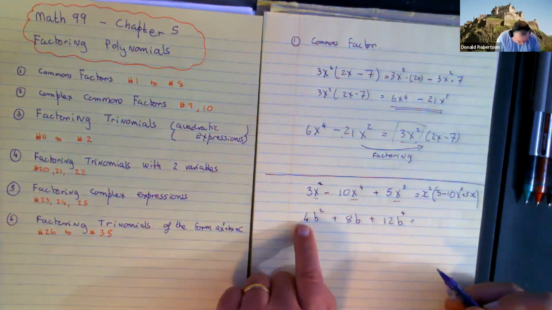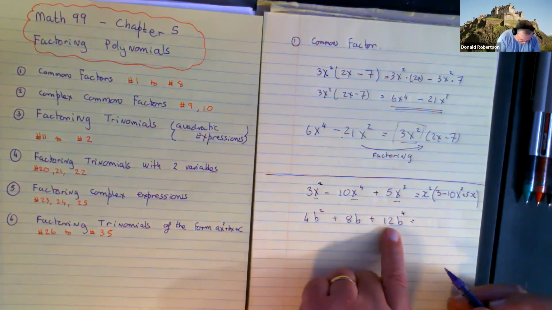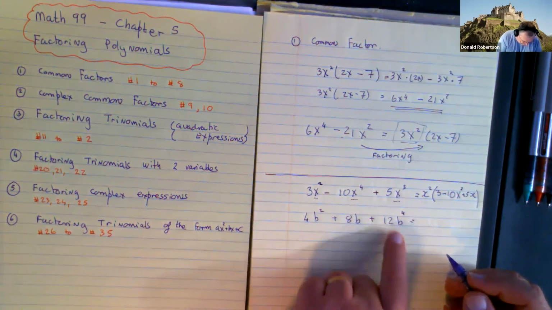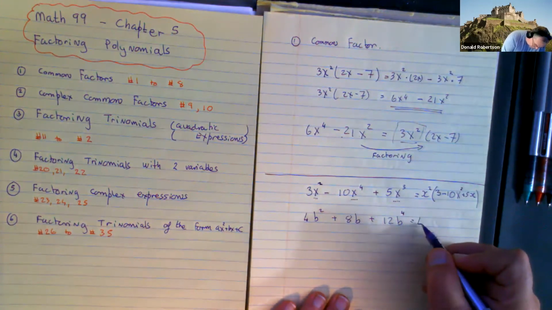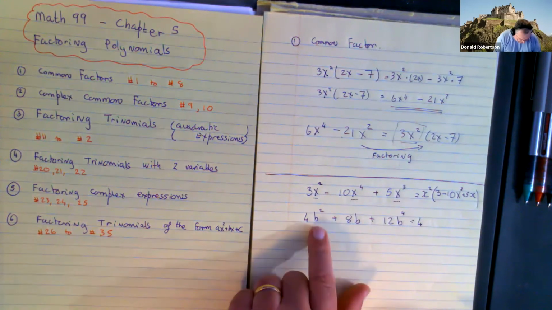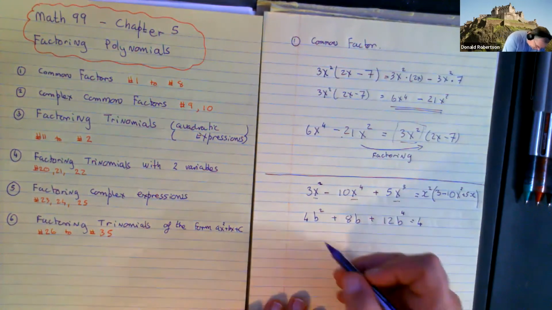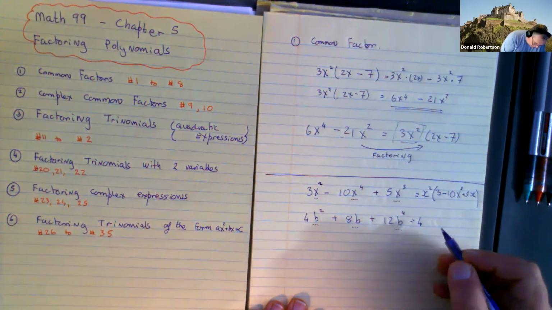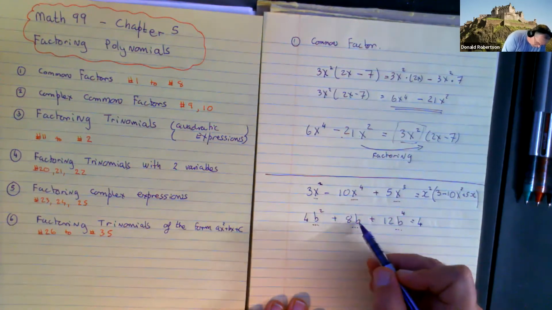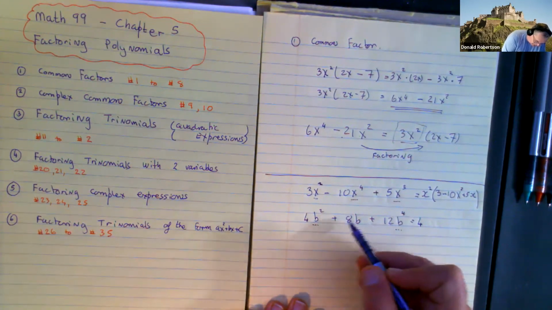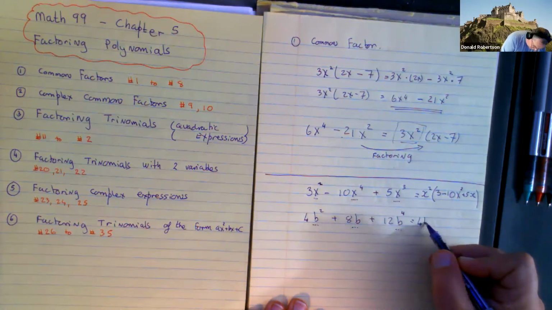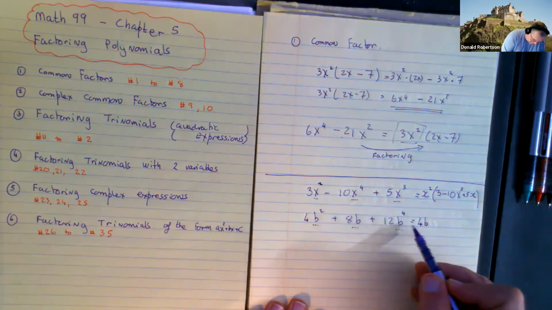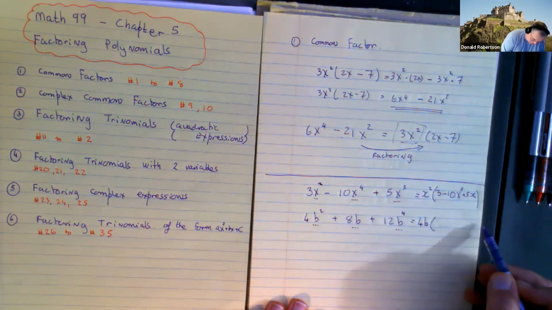Now, in this case, 4, 8, and 12, the biggest number that I know divides into these without leaving a remainder is 4. And then I have a b squared, I have a b, and I have a b to the 4. Well, when all of them contain a variable b, the one that's got the smallest power is the common factor. So together, the common factor of this expression is 4b.